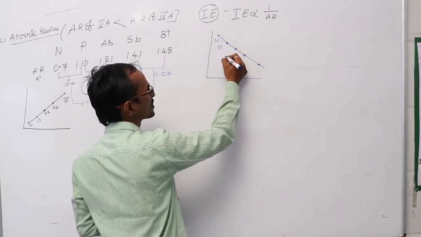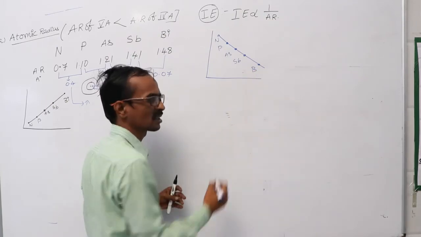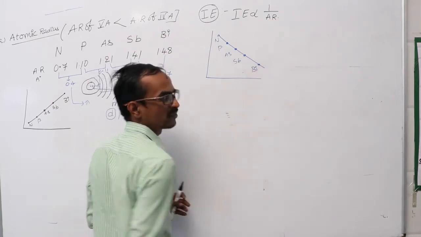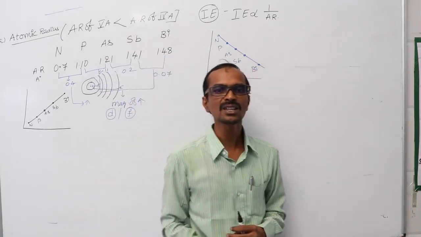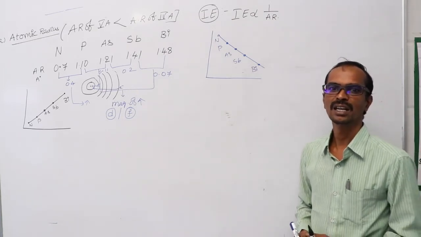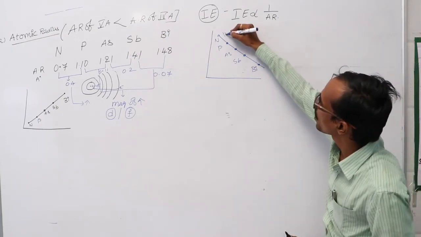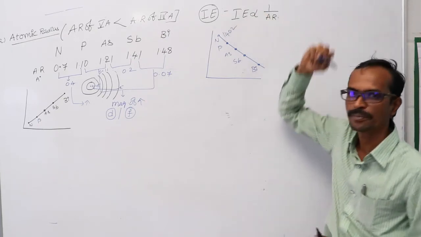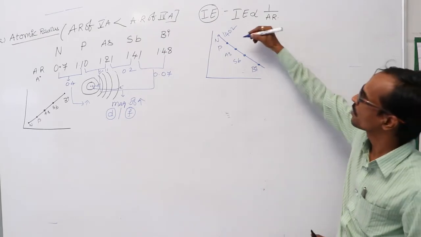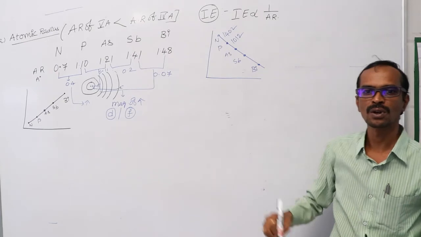Nitrogen, phosphorus, arsenic, antimony and bismuth. These are the 15th group elements. The ionization energy value of nitrogen will be 1402 kilojoules per mole, and phosphorus will be 1012 kilojoules per mole.